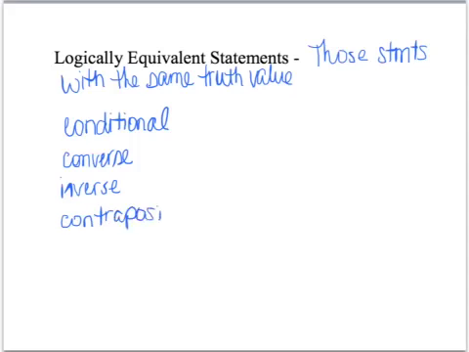On our last example, we had the conditional was true, the converse is false, the inverse was false, and the contrapositive was true. So those statements that are logically equivalent would be conditional and contrapositive, and then the converse and the inverse. And those are always going to be logically equivalent.